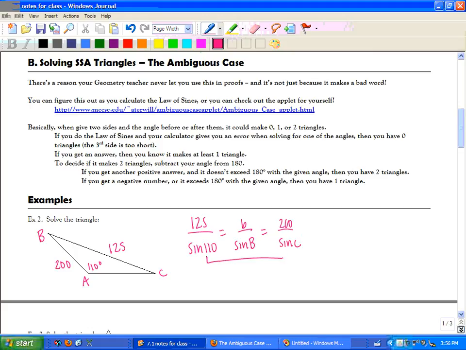So if we take these outer 2 and cross multiply them, we would get 200 sine 110 equals 125 sine of c. And so when you divide the left-hand side by 125, you get 1.50. But you know from doing the unit circle, we cannot take the inverse of sine if it's a number bigger than 1. So therefore, this one is not a triangle. There are 0 triangles possible.